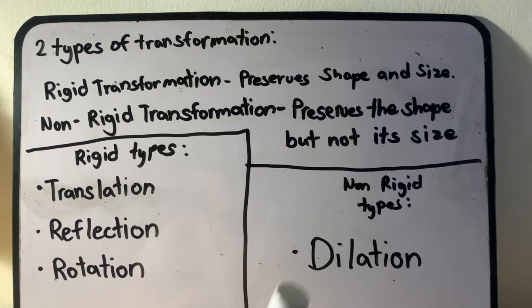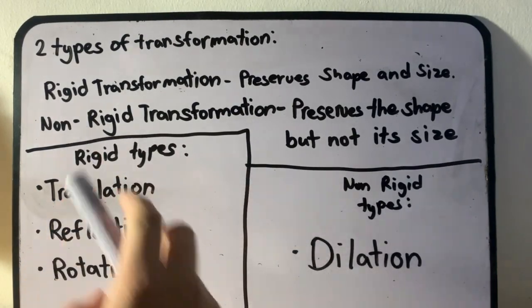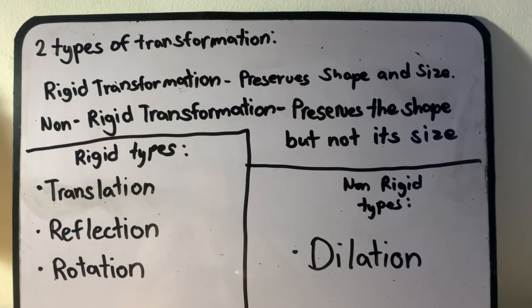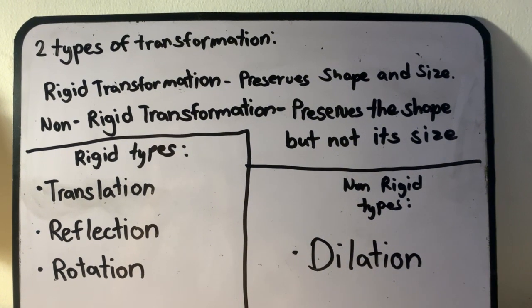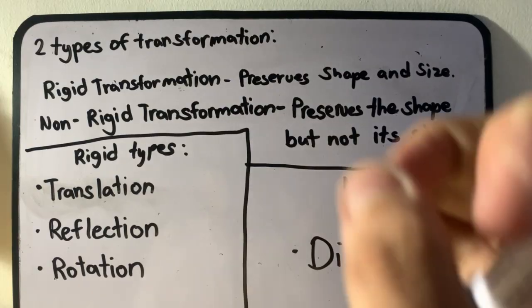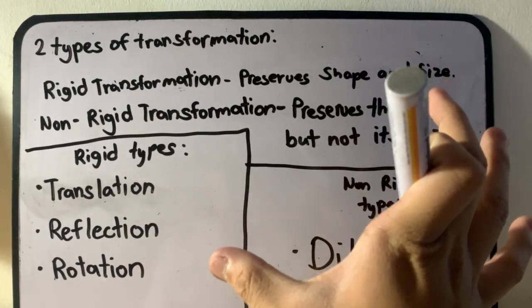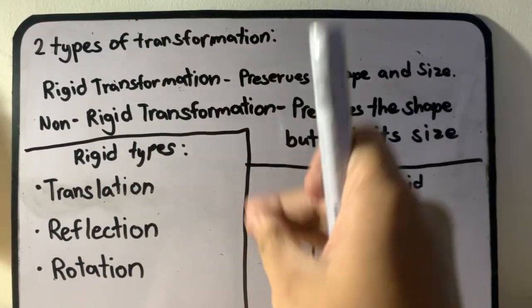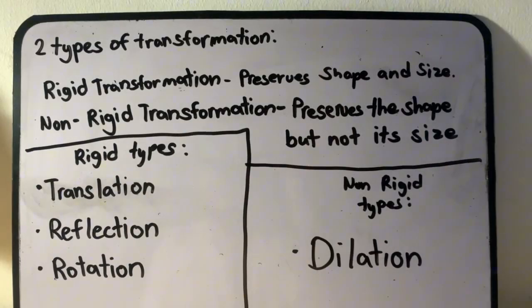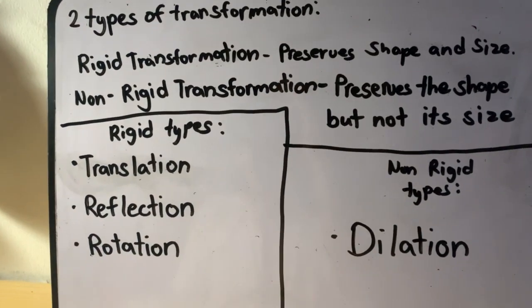Non-rigid is what we call enlargement and reduction: enlargement makes it big, and reduction makes it small. Later I'll explain it to you guys. Let's start with the rigid type.